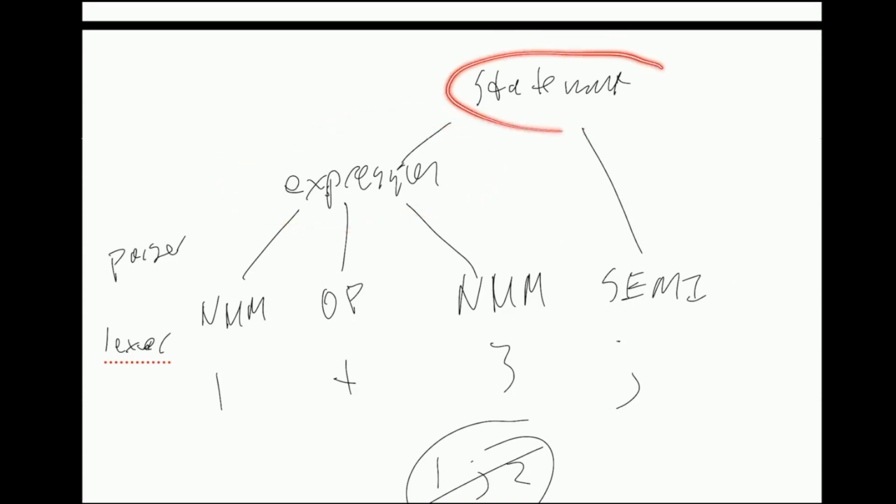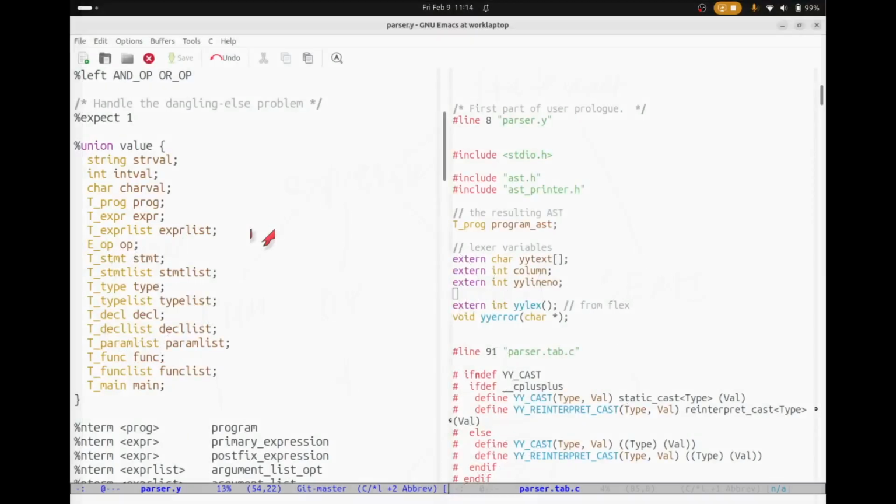And in order to define each of these structs in the same tree, we need to have lots of different data types, one for each kind of tree node we're going to have. So we've got tree nodes for expressions, we've got a tree node for the program. This is all just data type specification stuff. So these are all the possible data types that our nodes are going to have in our tree.